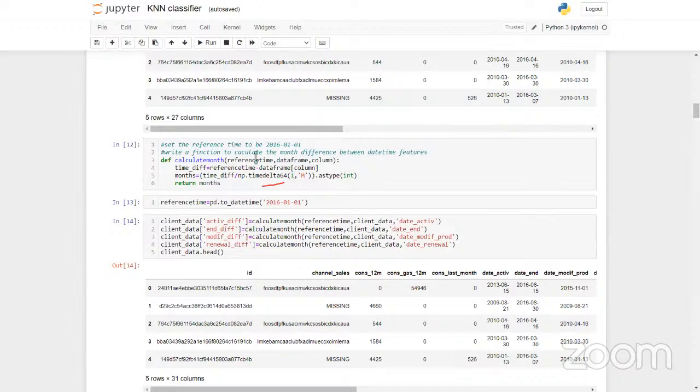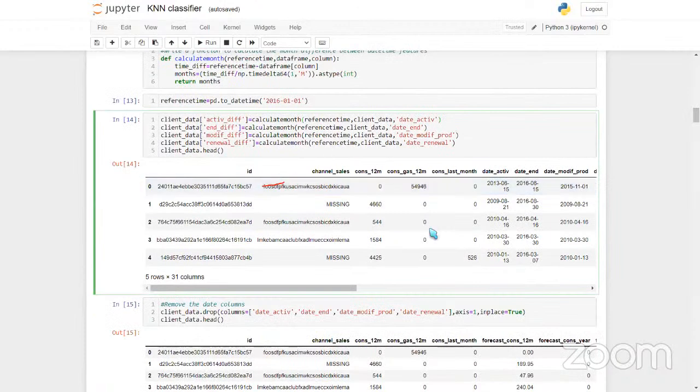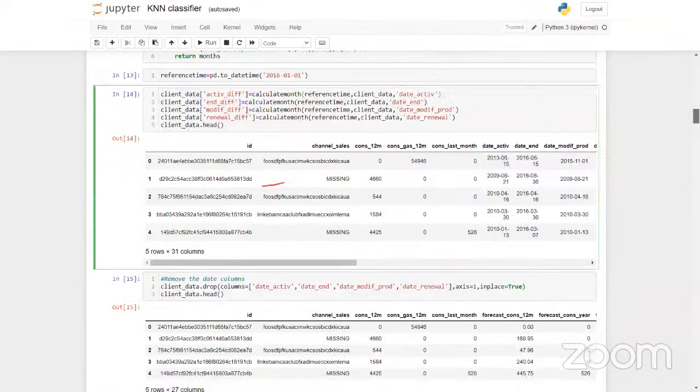We have created a user defined function to find the month difference between various date types. We'll be using this to find the difference between the reference time and the client date. Accordingly, we have created this data set.